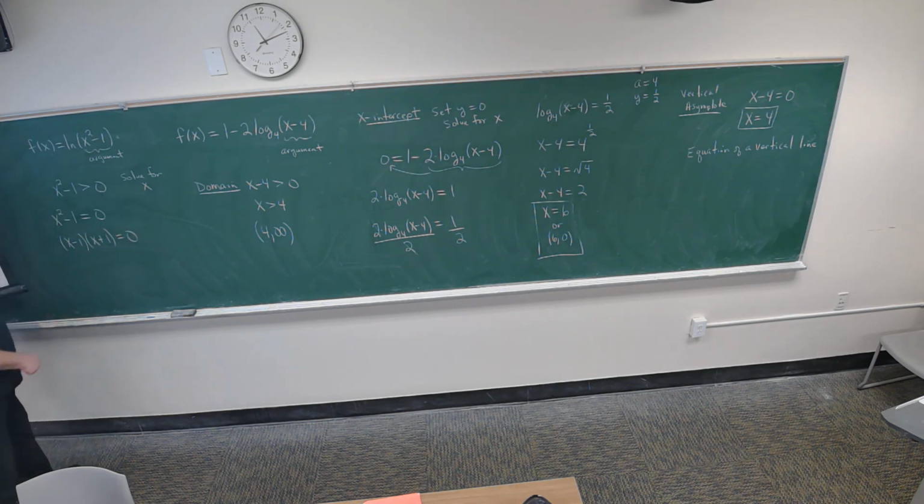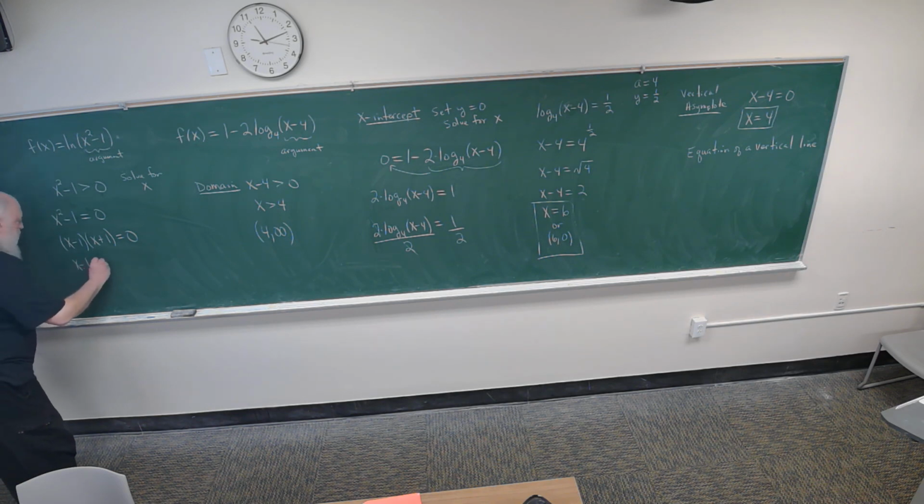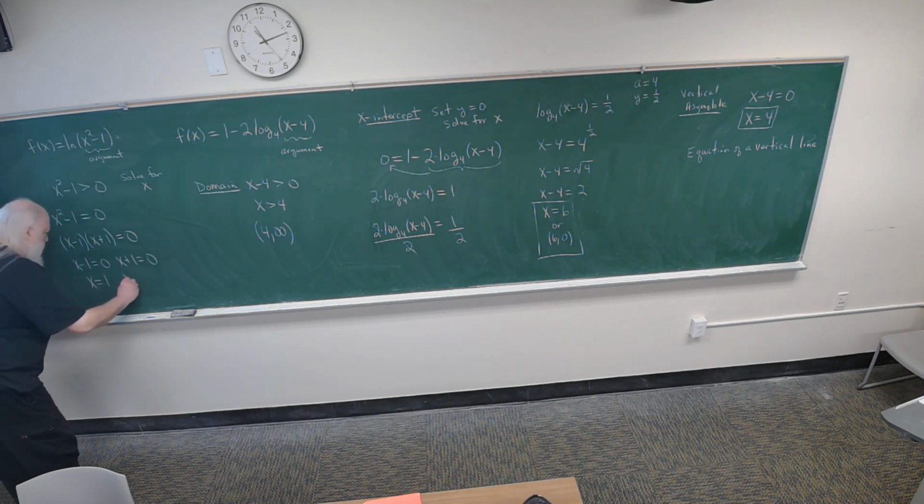And it's with these values of x that we divide the real number line up into intervals. And so we have x minus 1 is equal to 0. x plus 1 is equal to 0. x is equal to 1. x is equal to minus 1.